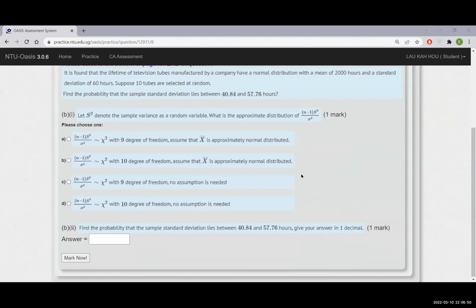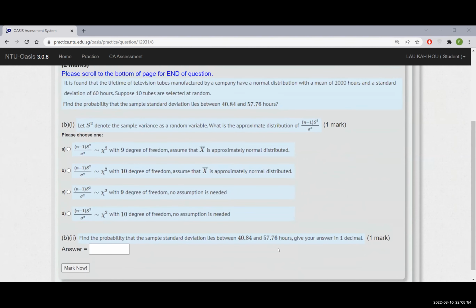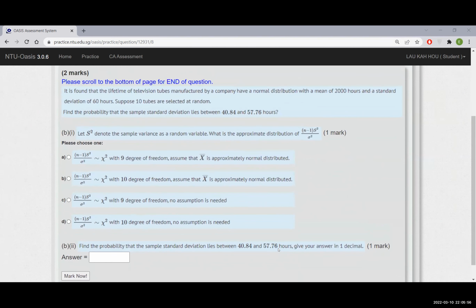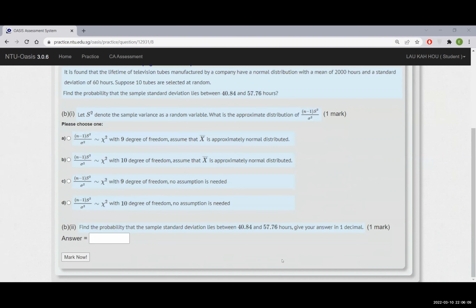We are trying to ask about the last part, how should we actually solve the last part? You mean B2? Yeah. Find the probability that the sample standard deviation lies between this and this.